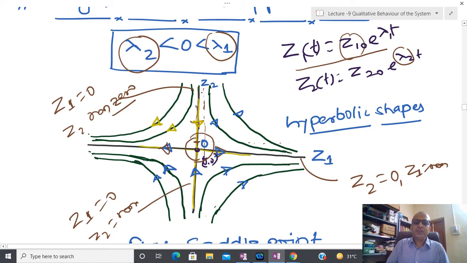Vinay, could you please comment? Suppose I am going to start nearby of this equilibrium point. If I start exactly at the equilibrium point, then I am going to remain there. But suppose I start nearby of this equilibrium point, then what is my behavior?